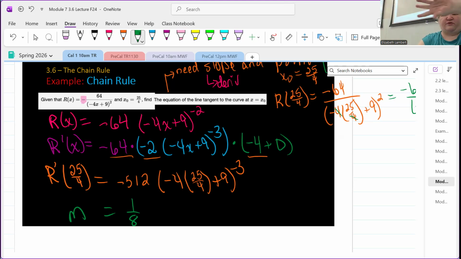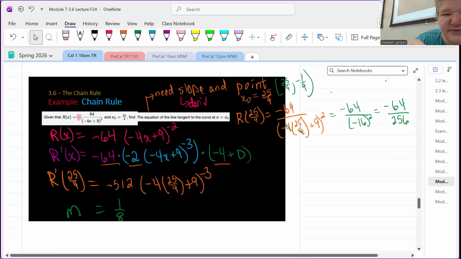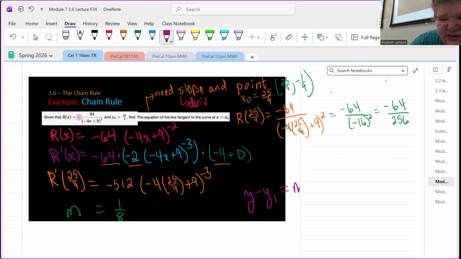I got my general formula for the derivative and then plugged in the particular x value that I wanted to know the equation of the tangent line at. So there's my slope of the tangent line. I've got my point. So I'm just going to use point slope form. Y minus y1 equals m times x minus x1. Y1 is negative 1/4.